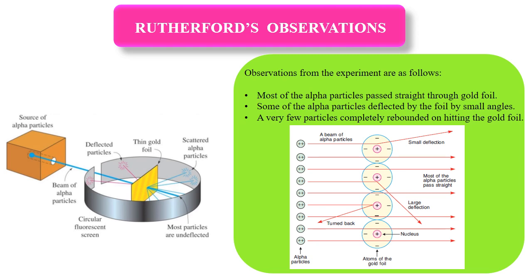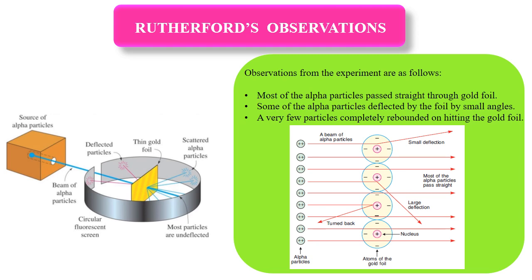Now let's discuss Rutherford's observations from the alpha particle scattering experiment. He observed that most of the alpha particles passed straight through the gold foil. That means these particles passed straight through the gold foil without getting deflected. So he concluded that most of the space inside the atom is empty.